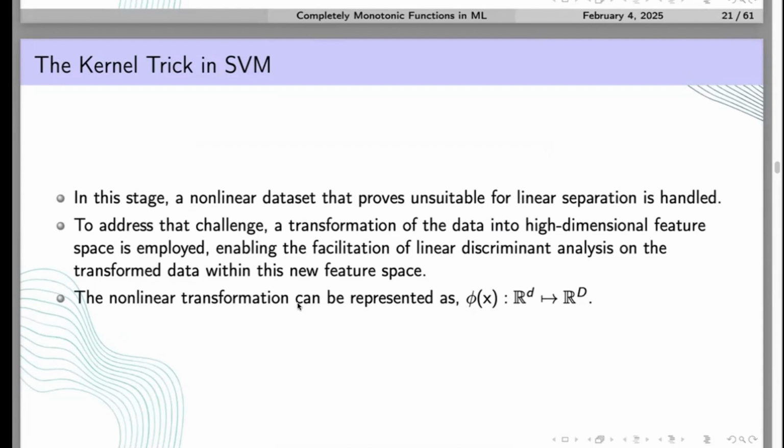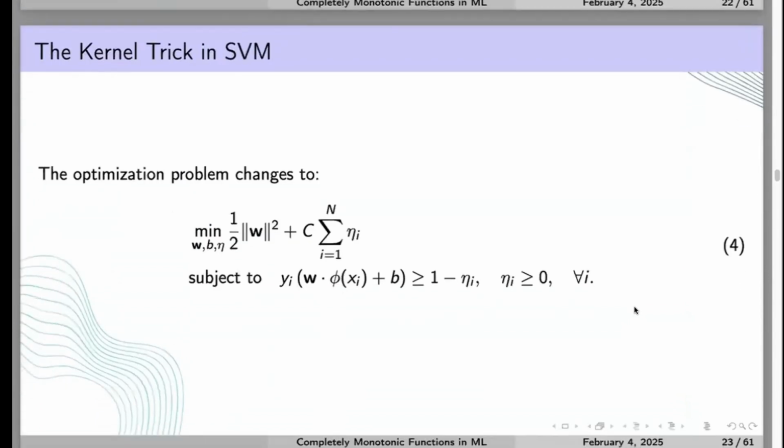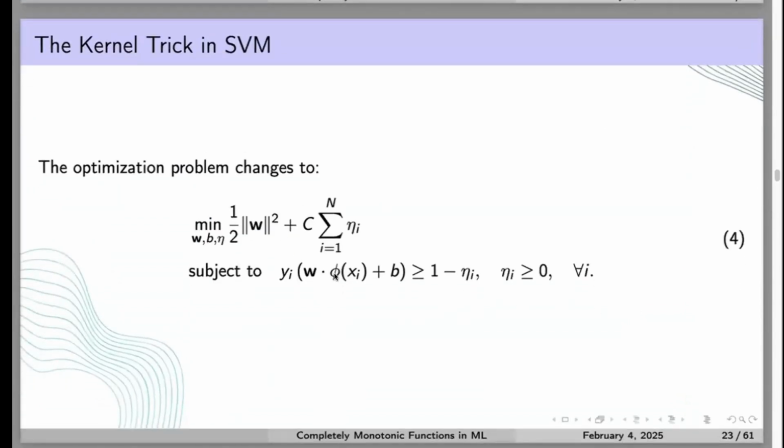The nonlinear transformation can be represented as phi(x) going from R^d to R^D space. The optimization problem changes to this formula. Here we replace x_i with phi(x_i), the mapping of these features.